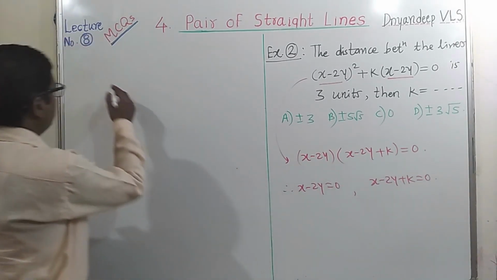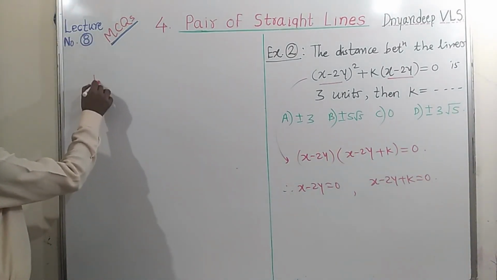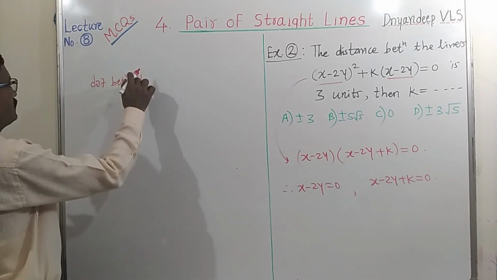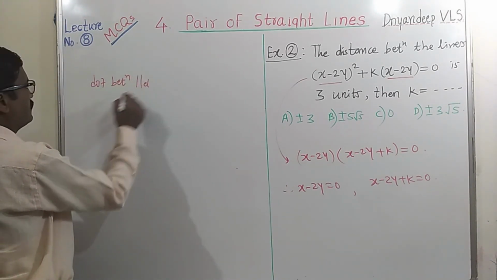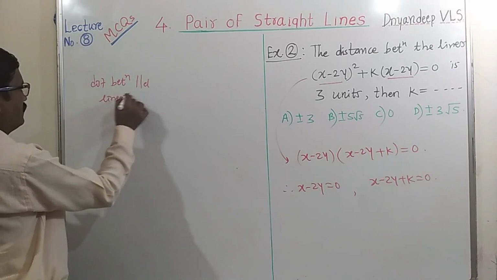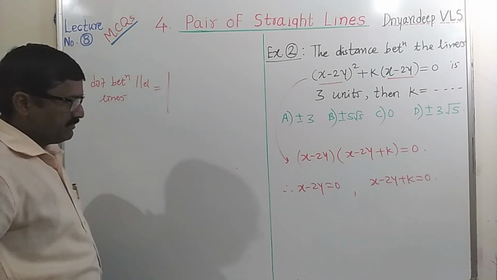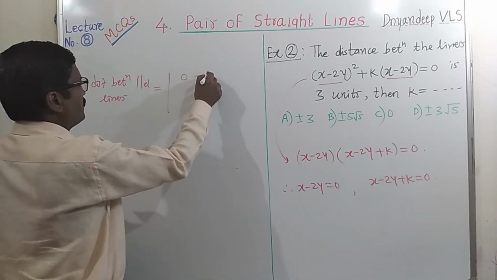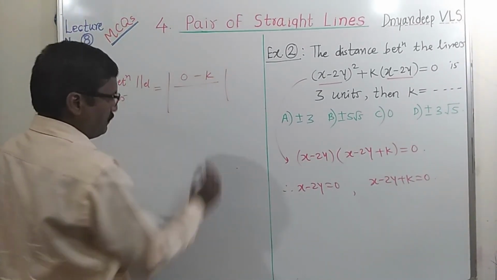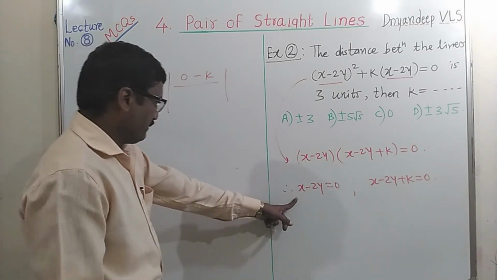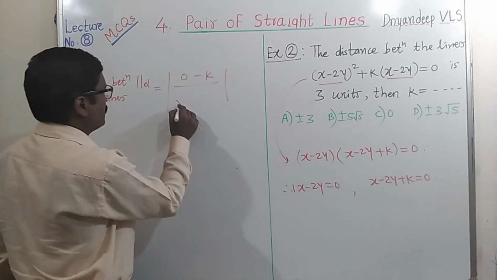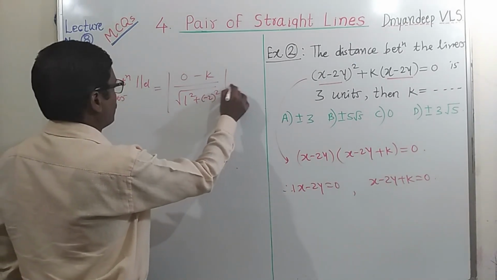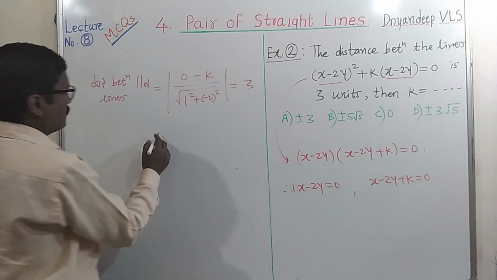So use the formula to find the distance between parallel lines, which is equal to mod of C1 minus C2. Here C1 is 0, C2 is k. So 0 minus k or k minus 0 upon root of 1 square plus minus 2 square, and it is given equal to 3 units.